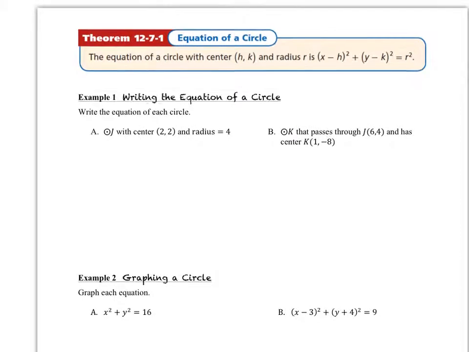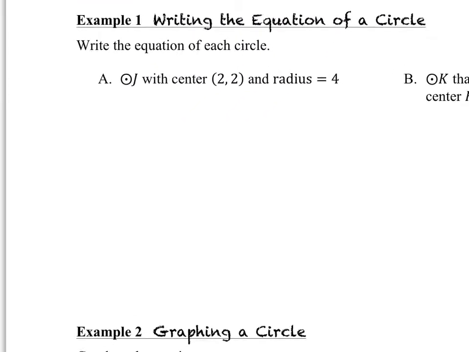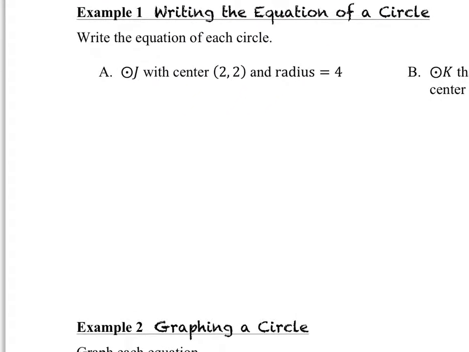Up here we have the equation of the circle that we were using a minute ago, and we're going to write the equation of a circle with a center of (2, 2) and a radius of 4. That center is going to give us our h, k. Obviously the radius is 4. We're going to write down the general form of the equation of a circle: x minus h squared plus y minus k squared equals r squared.